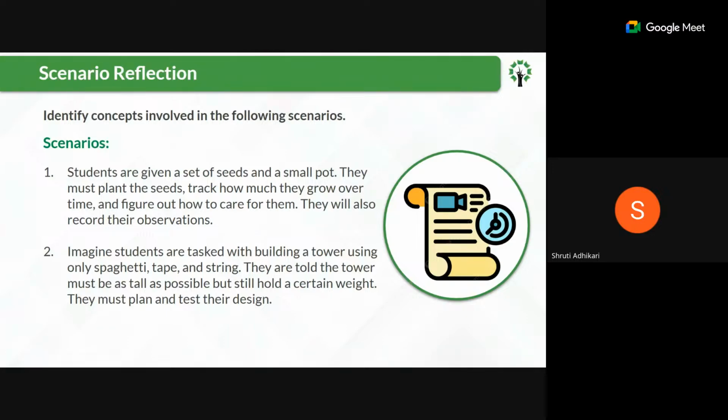Perfect. There are a lot of concepts you all have mentioned, and it's just one scenario. Most of the concepts are from the science subject. Is there any other subject apart from science involved in this scenario?